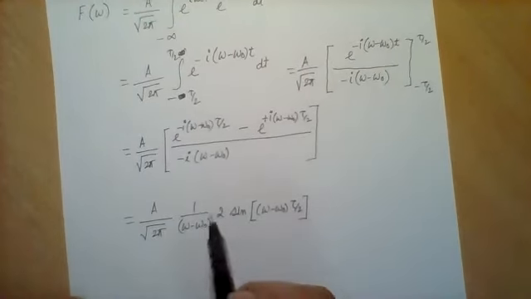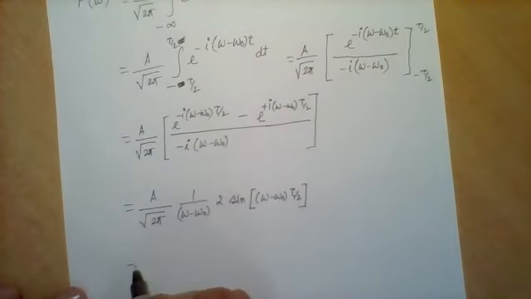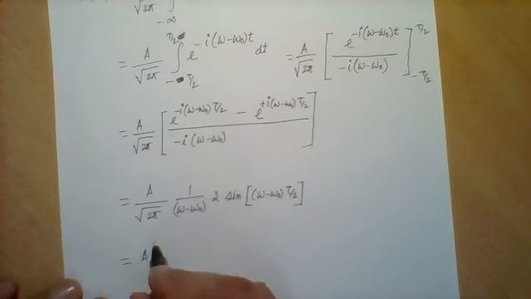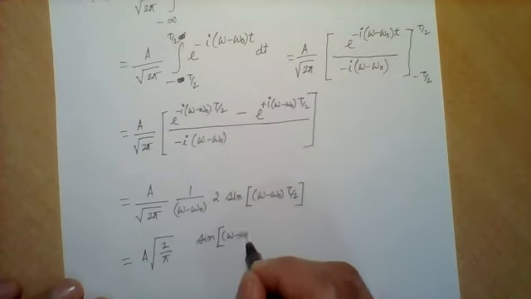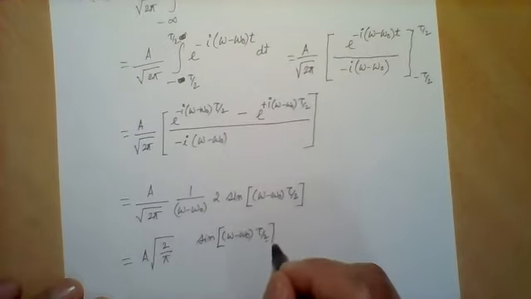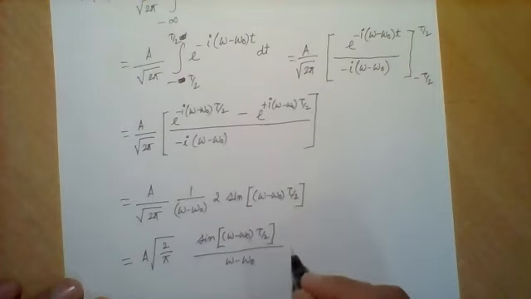So this 2 and this root 2, let us simplify it further. So I have capital A root over 2 by pi, sine of (omega minus omega naught) tau by 2, divided by this (omega minus omega naught).